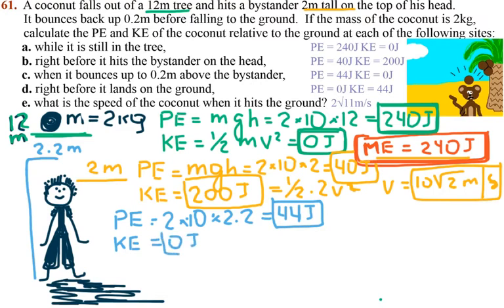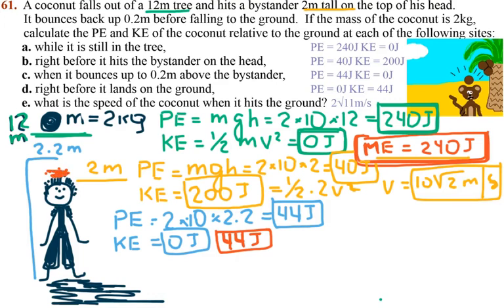It looks like we are coming to the new total energy now, because from now on it's going to be just 44 joules, because probably some of the energy got lost when it hit the guy in his head.